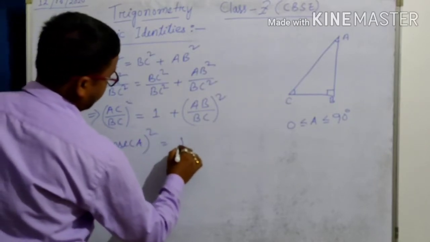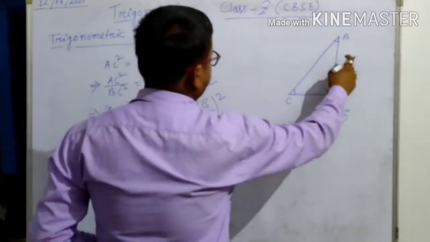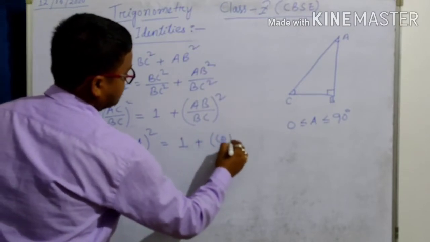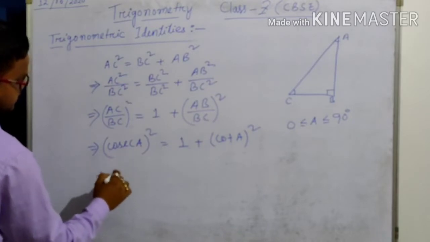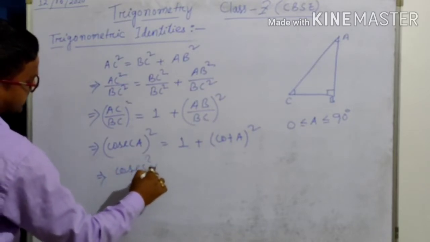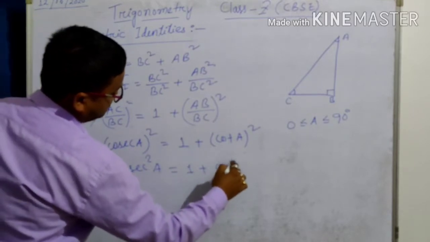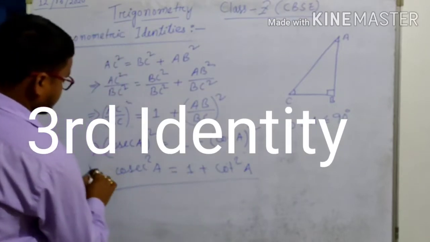This is equal to 1 plus AB by BC, AB is base by perpendicular, that will be cot A whole square. So finally what you get? Cosec square A is equal to 1 plus cot square A. This is the third identity.